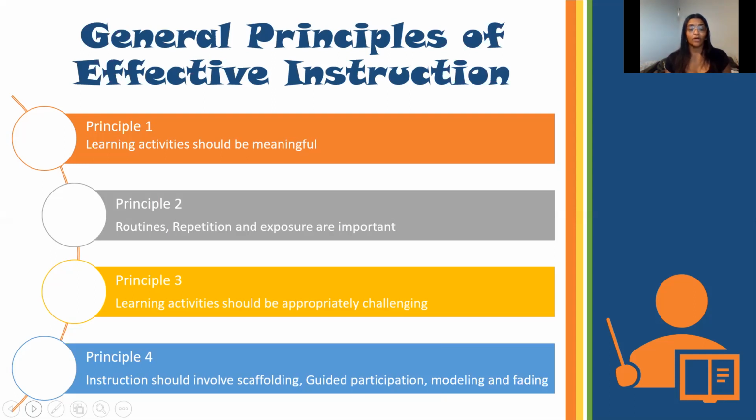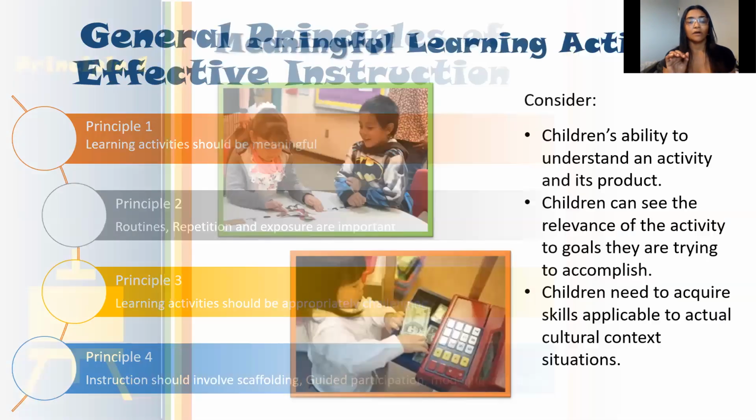And principle 4, instruction should involve scaffolding, guided participation, modeling, and fading. We're going to talk about each principle, because in the next class, class 9, we're going to relate these principles with the teaching strategies that we're going to teach. So let's move on.